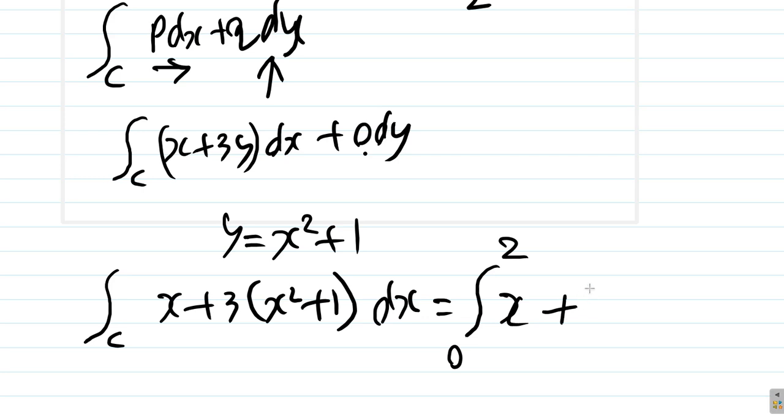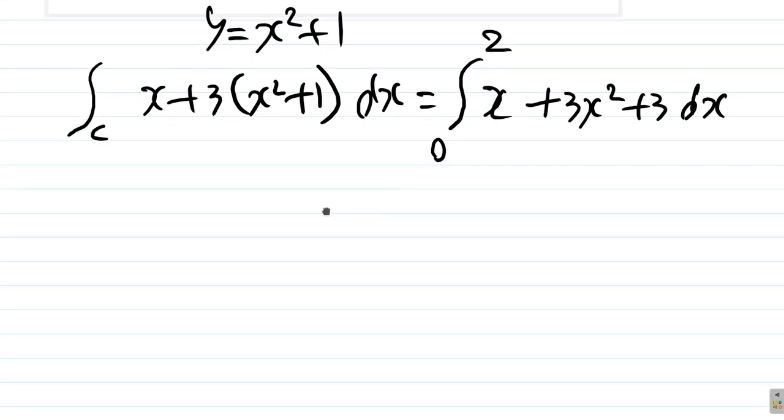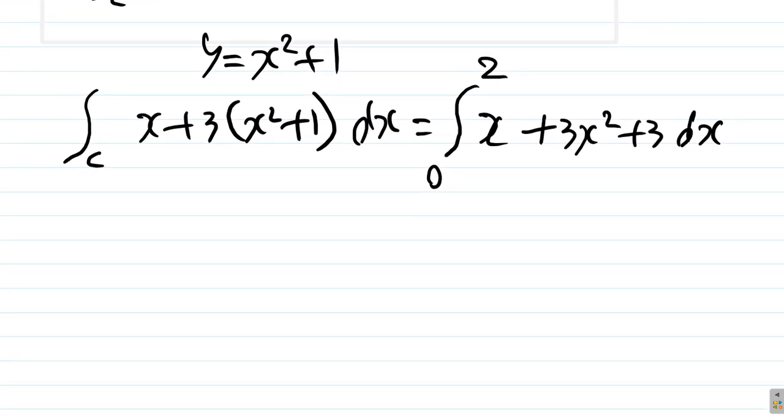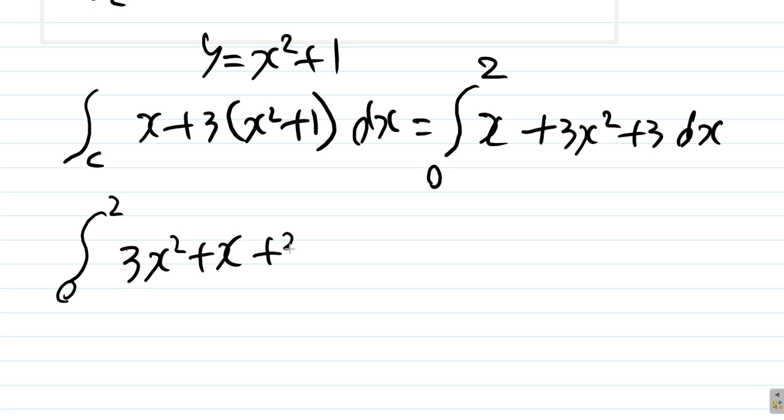Let's multiply out the brackets. This would be 3x squared plus 3 ones 3 dx. So what you're looking at is the integral from 0 to 2 of, let's write it as, 3x squared plus x plus 3 dx.